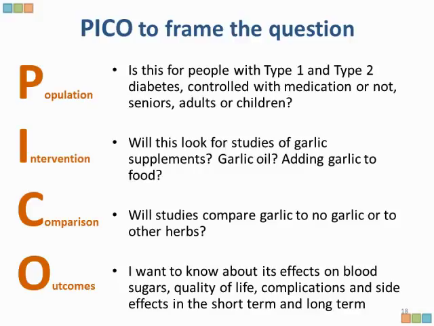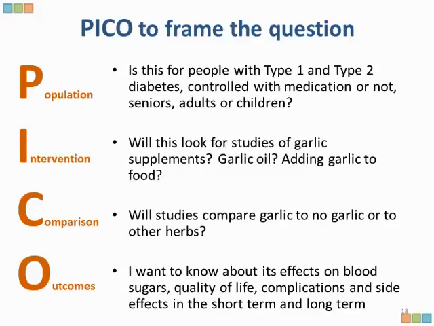The second set of questions is about the type of intervention or treatment. Will it look at how garlic is provided, such as in garlic supplements, garlic oil, or adding garlic to food? It may also look at what dose of garlic is used and the frequency or how often it is used or given.